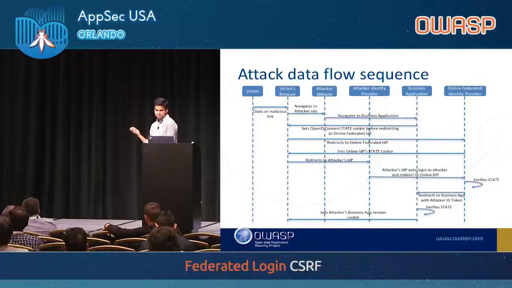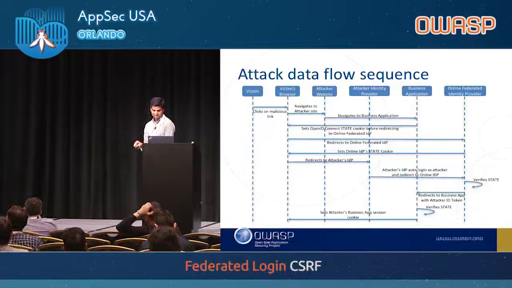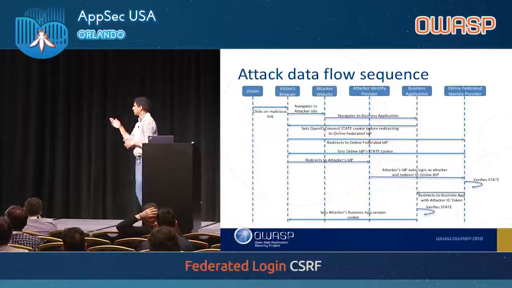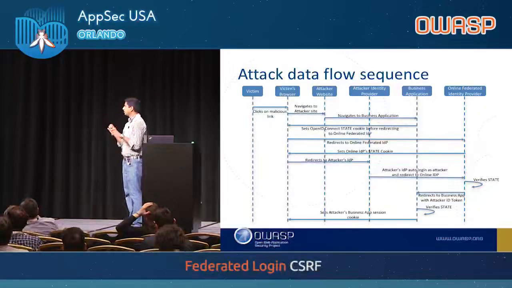Now, what the attacker-controlled website does is navigate to the business application. And at this point in time, since there is no user logged into this business application, the business application would then start the OpenID Connect flow for getting the user to log in.